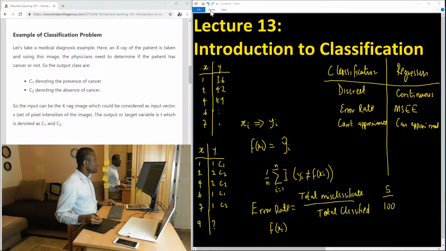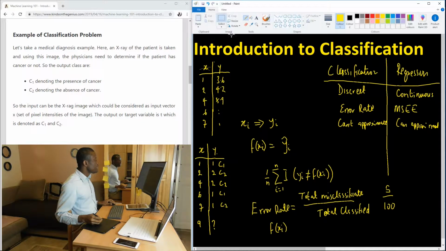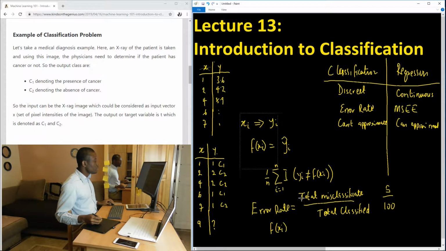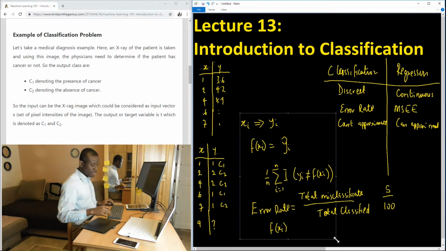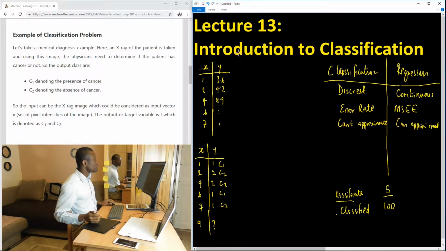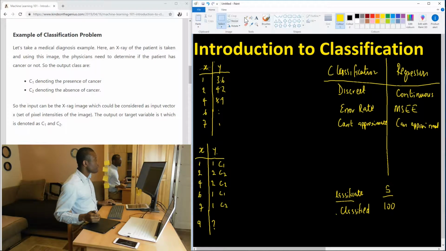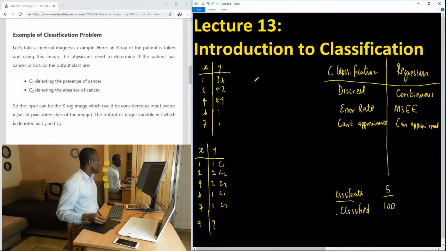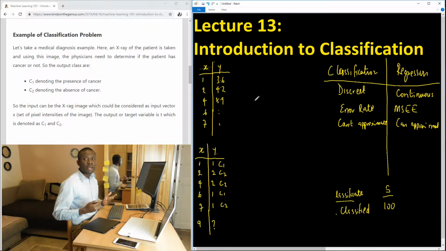I'm going to wipe my screen a bit so that I'll be able to write. Good. All right. So in the case of medical diagnosis, let's say the doctors want to diagnose a cancer patient or a supposed cancer patient. What they do is an X-ray.